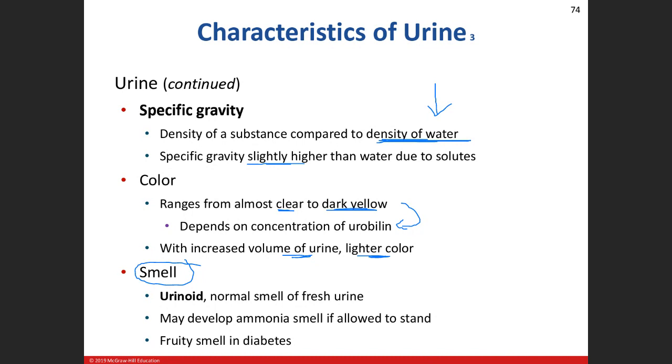When it's a sweet smell, usually it's the presence of ketone bodies, which is usually a byproduct when somebody is undergoing the metabolism of proteins more so, but diabetics most commonly will have a sweeter smell of urine. Part of that is because they'll have more glucose getting spilled into their urine, right? So they describe it as a fruity smell. But you definitely don't want your urine to have a sweet or fruity smell, okay? Normally it has the urinoid smell. We've all smelled our own pee, so we all know that.